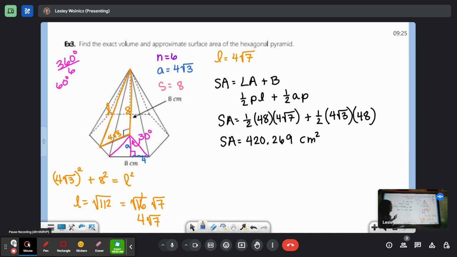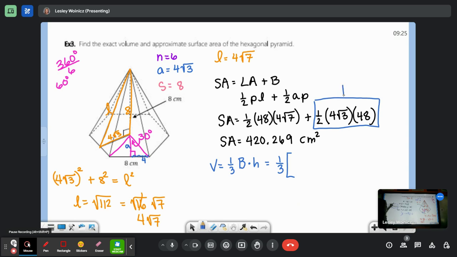That was so much fun. Okay, so we're gonna do 1/3 of our big base times the height of our solid. So that is going to be 1/3 times our big base is this guy, right? Yeah.